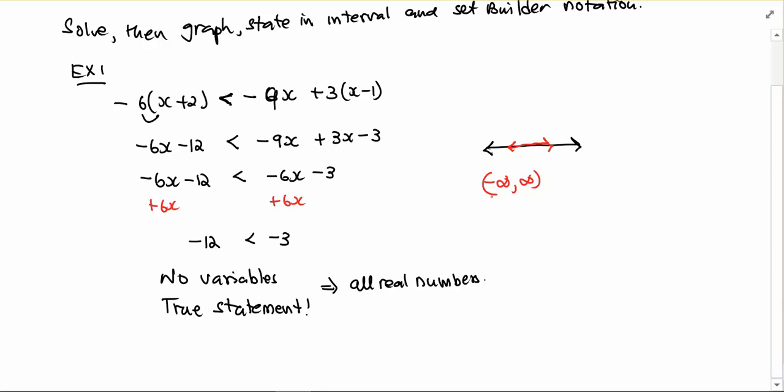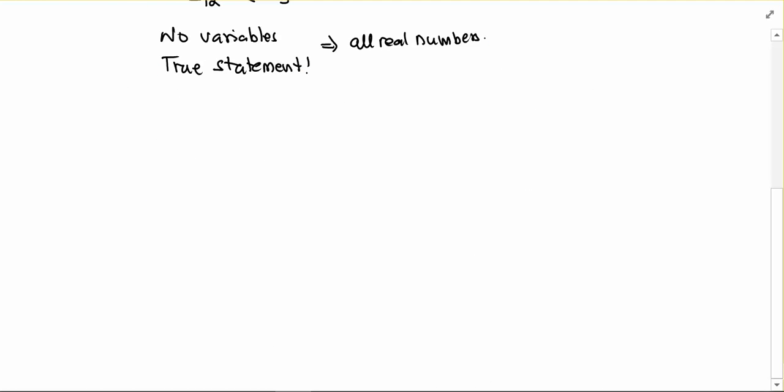And what would the set builder notation look like? Well, in this case we're using variables, x, so it'll be x such that all real numbers.